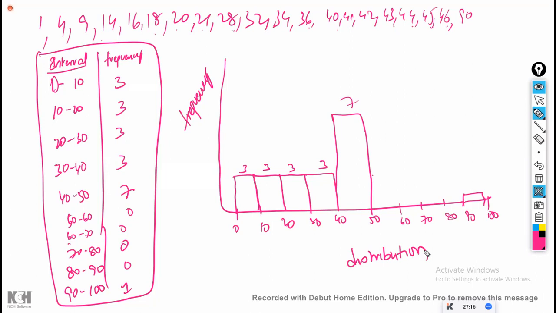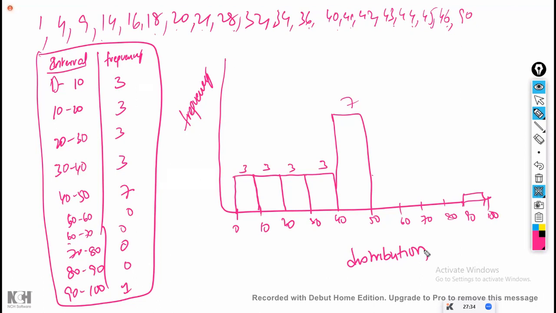Is that clear? That is the difference between continuous frequency distribution and discrete frequency distribution. Clear, guys?